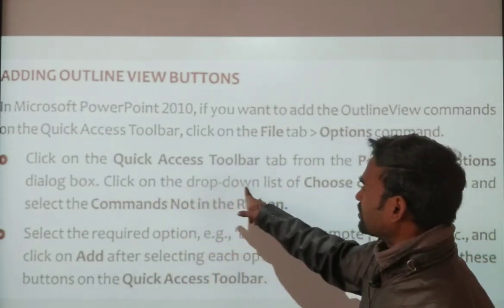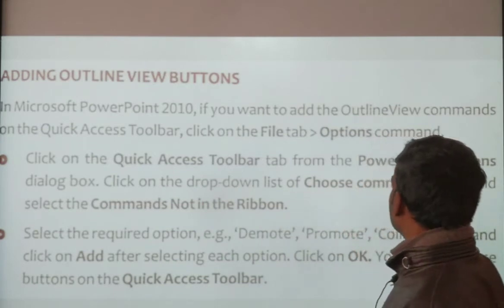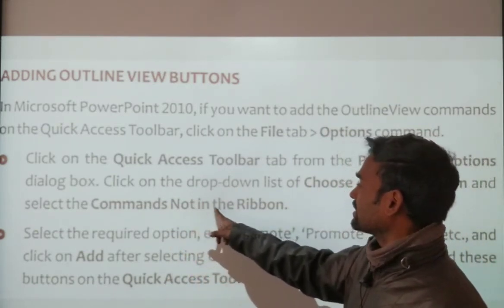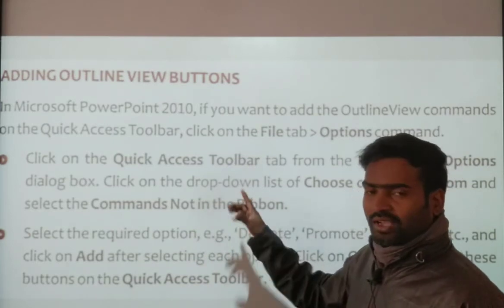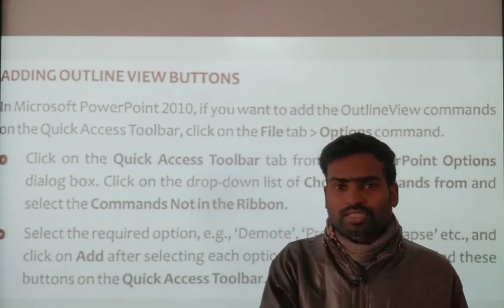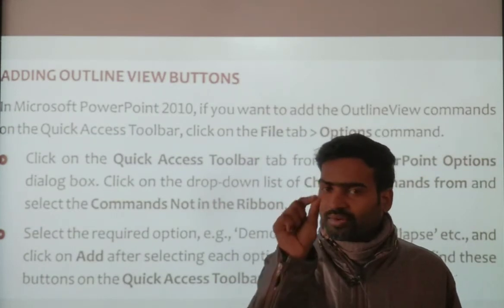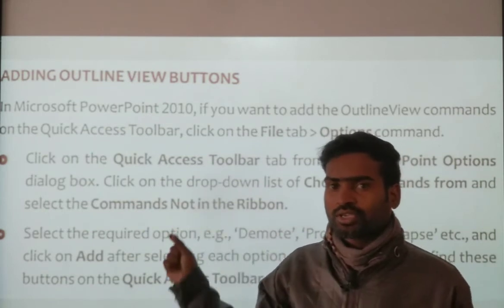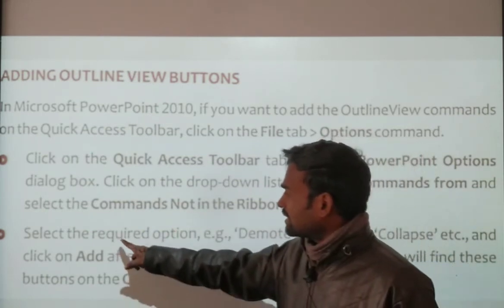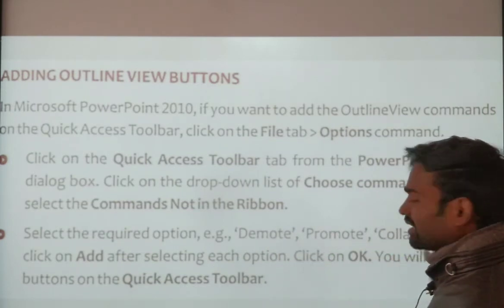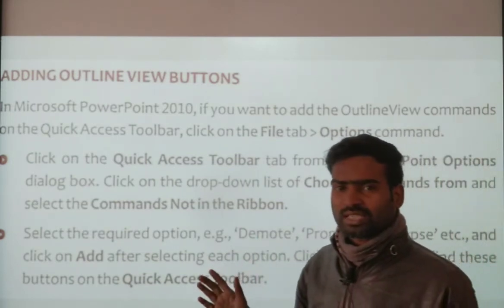Click on the drop down list of choose commands from and select commands not in the ribbon. When we select this, you can see a list of options. From that list we have to add options from left to right. I'll show you how. Select the required options, for example demote, promote, collapse, etc. There are many more, a lot of options are there.